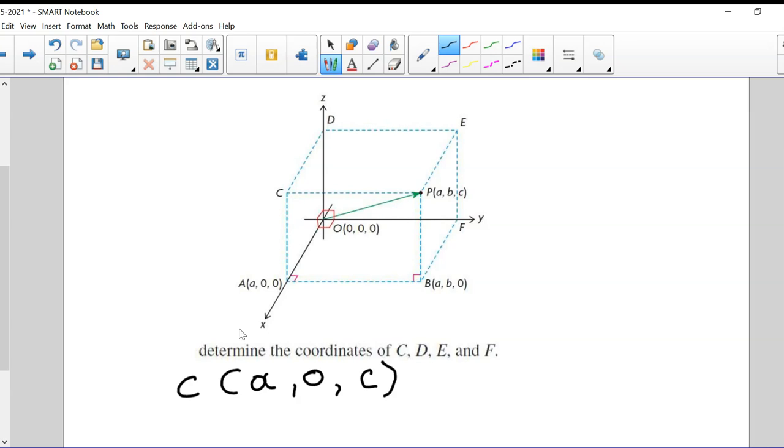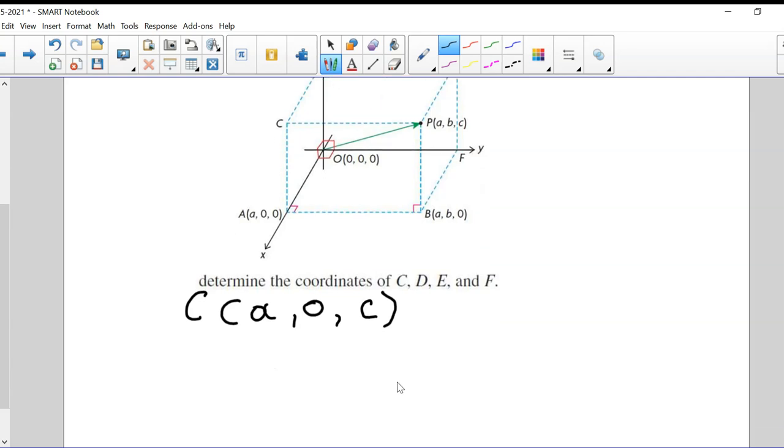I haven't moved on the y-axis at all. So the point C, uppercase C, I want to make sure this looks like an uppercase. The point C is A0C, and the 0 is actually a zero. It's A on the x-axis, 0 on the y-axis, and C on the z-axis. Okay, hope everybody followed that, because we're going to do some more now.